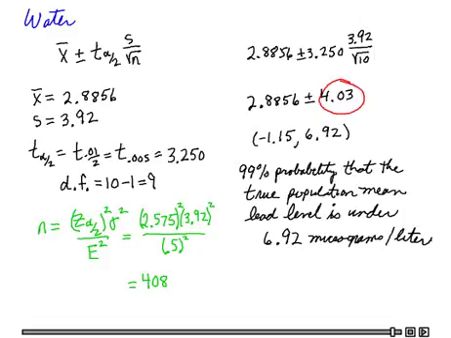So I will have reduced my margin of error quite a bit, from 4.03 to 0.5. But it's going to take a lot larger sample than 10 to do it. I'll have to get a sample of 408.